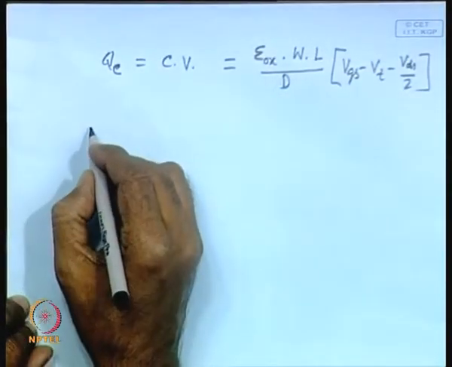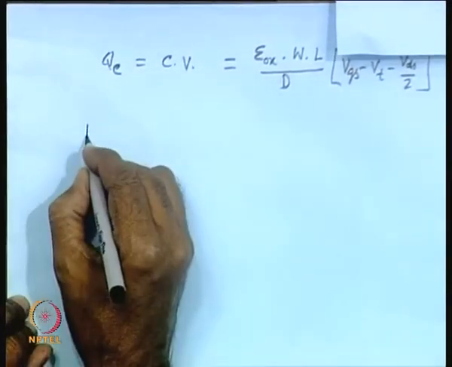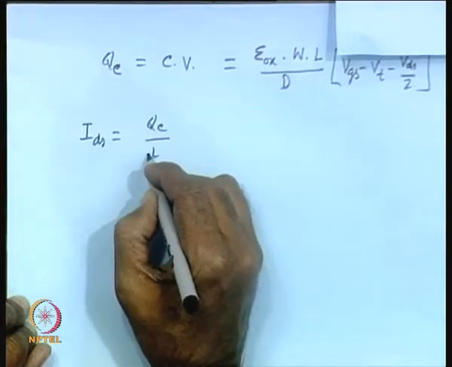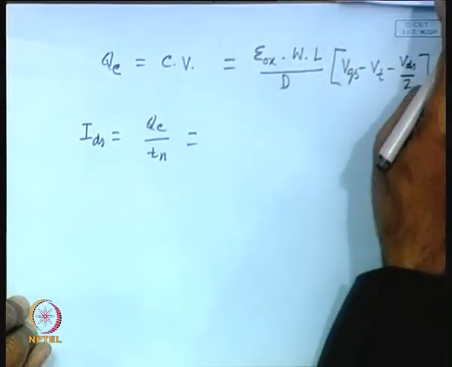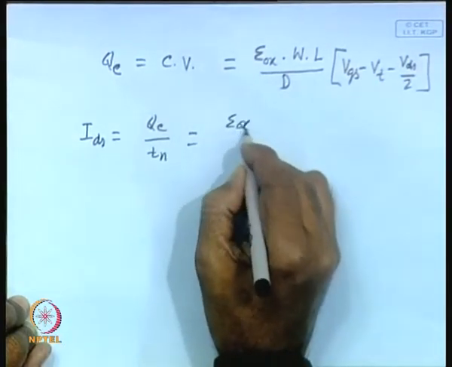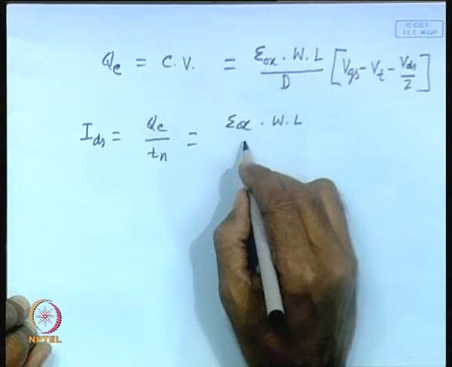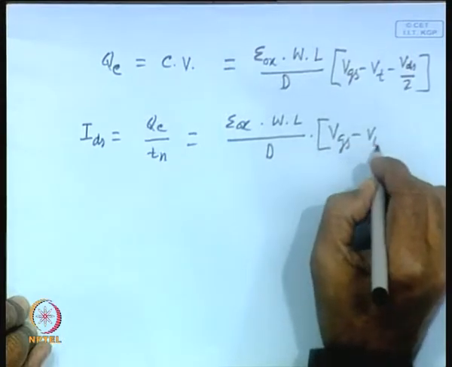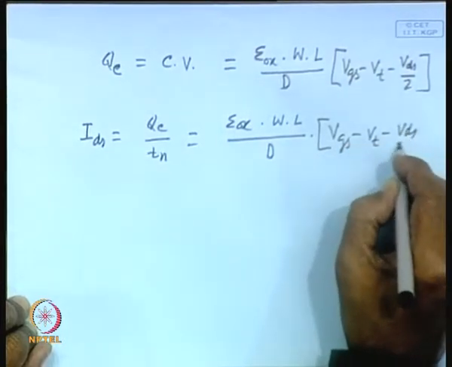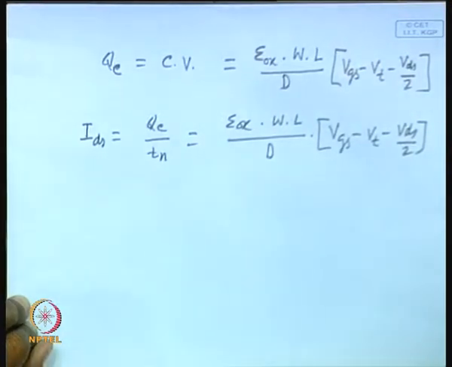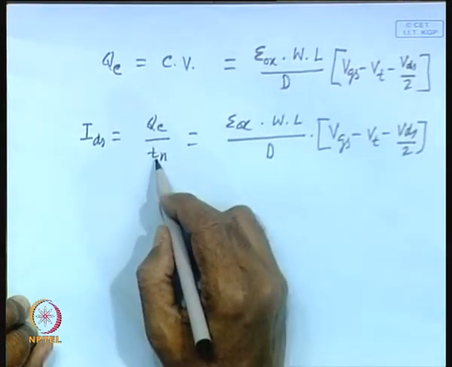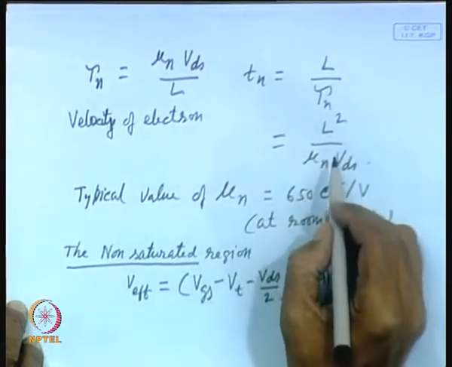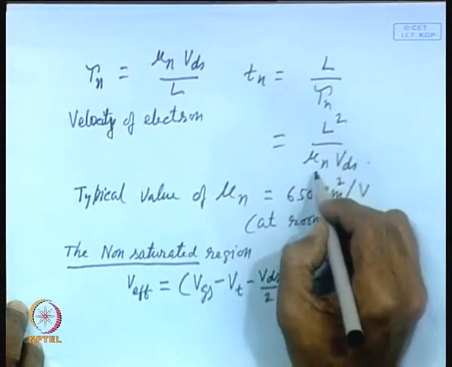So, we can substitute: IDS is equal to QC by Tn, which is equal to epsilon oxide into W into L by D into VGS minus VT minus VDS by 2, divided by L square by mu n VDS.